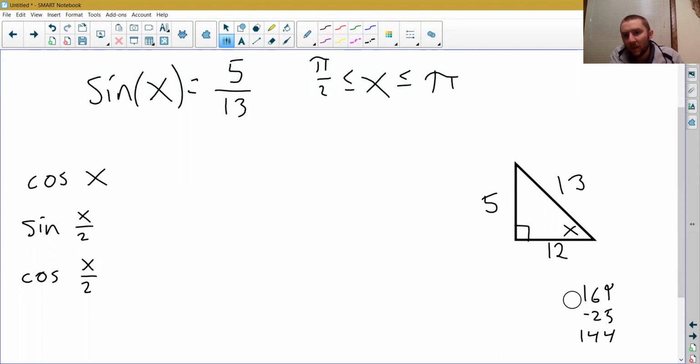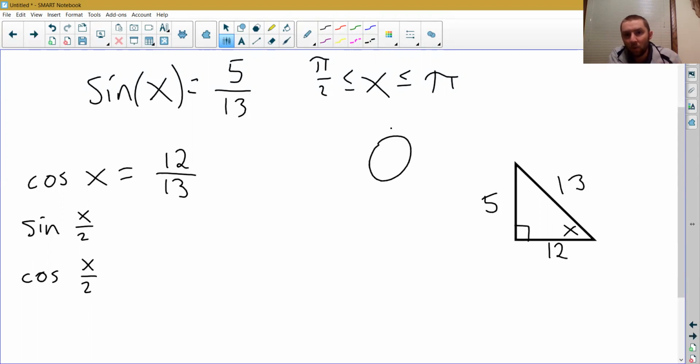So now based on this triangle, we should be able to find the cosine of x. The cosine of x is 12 over 13, except we have to remember that this x angle is in the second quadrant, right? It's between pi over 2 and pi.